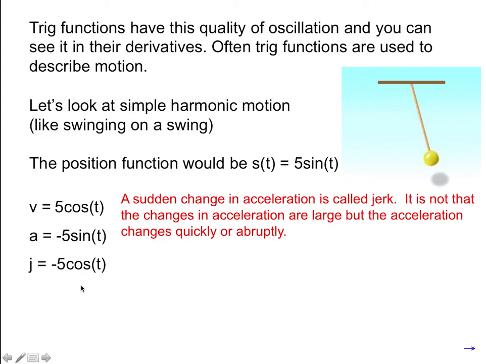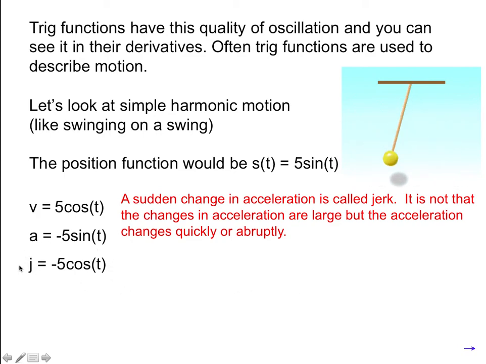You get jerked out of your seat, which is why they call the derivative of acceleration jerk. And it's that quick change in acceleration. The quick change in acceleration is transitioning from pressing down on the gas to pressing down on the brake. And that change in acceleration is called jerk, and it literally does jerk you out of your seat, especially if you hit the brakes really hard.